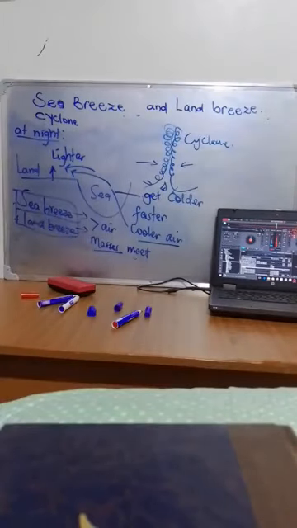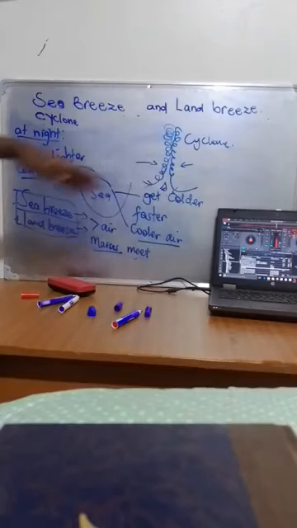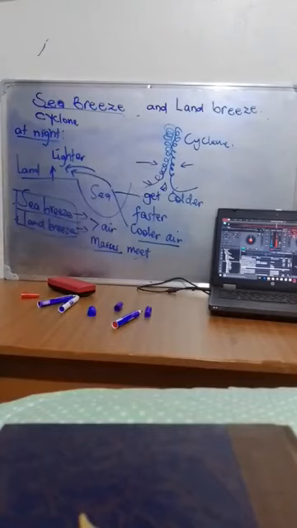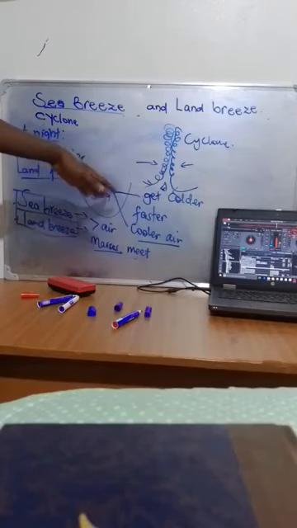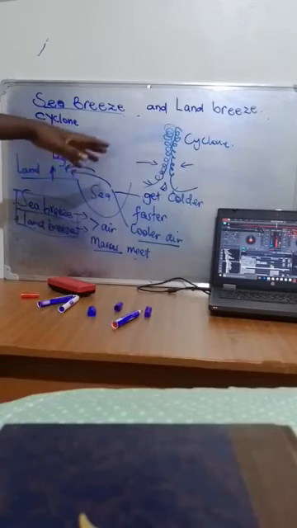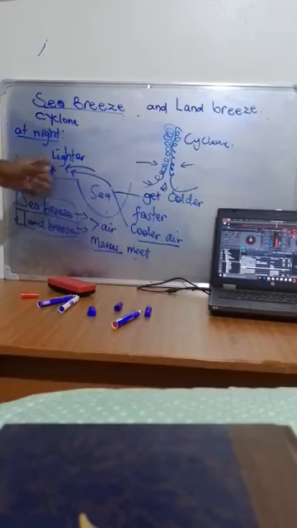A cyclone. Someone asks, what causes sea breeze? What causes land breeze? What causes a cyclone? What causes sea breeze? You have seen the movement of lighter air from the sea. The movement of cooler air from the land to replace the lighter air in the sea.